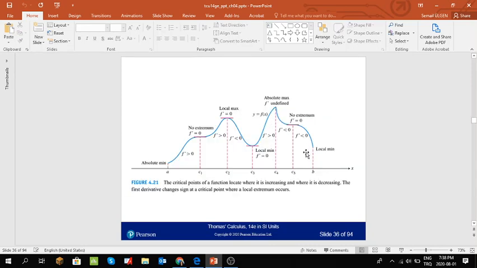Let's find another example of that. Let's look at c5. Around c5, to the left the derivative is negative, to the right the derivative is negative. So f prime doesn't change sign around c5, even if c5 is a critical number because f prime at c5 is 0. No extremum according to the first derivative test.